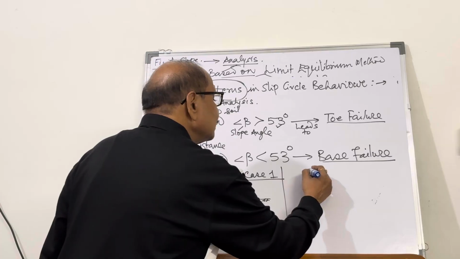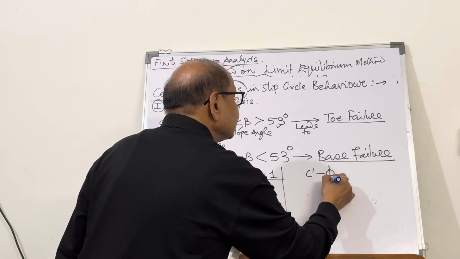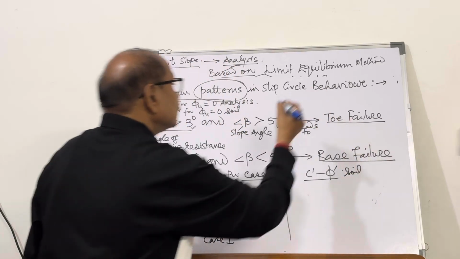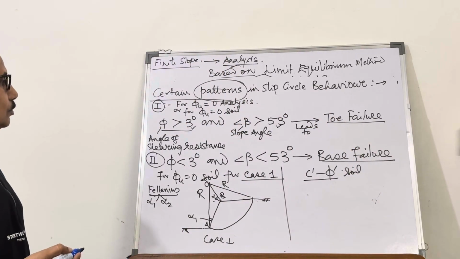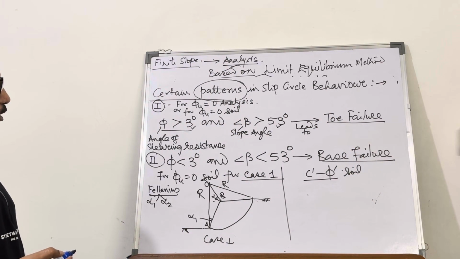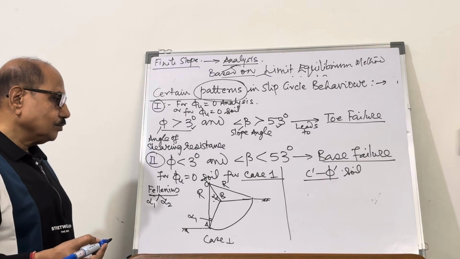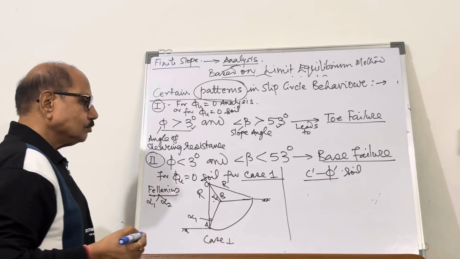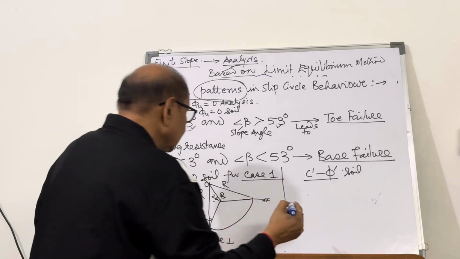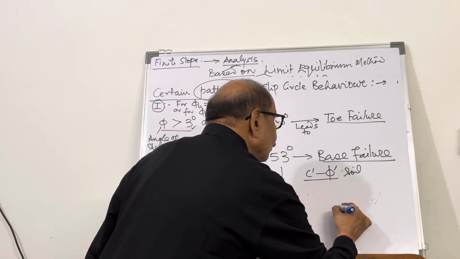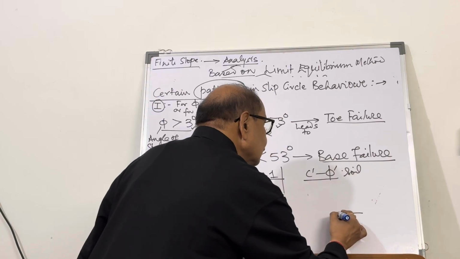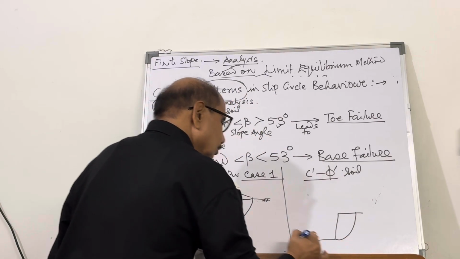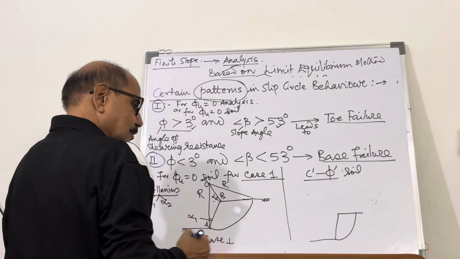But if it is C phi psi, that means case 2. C phi psi. And there is the condition. How will you do it? Here, what you are going to get is a failure surface like this.